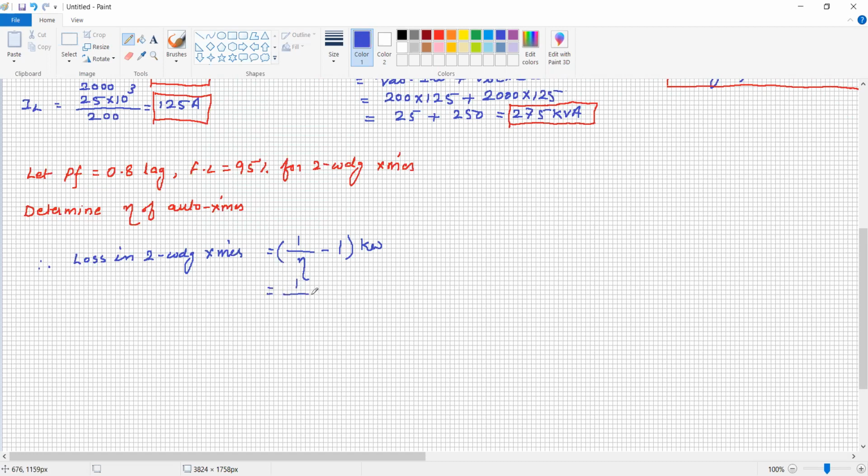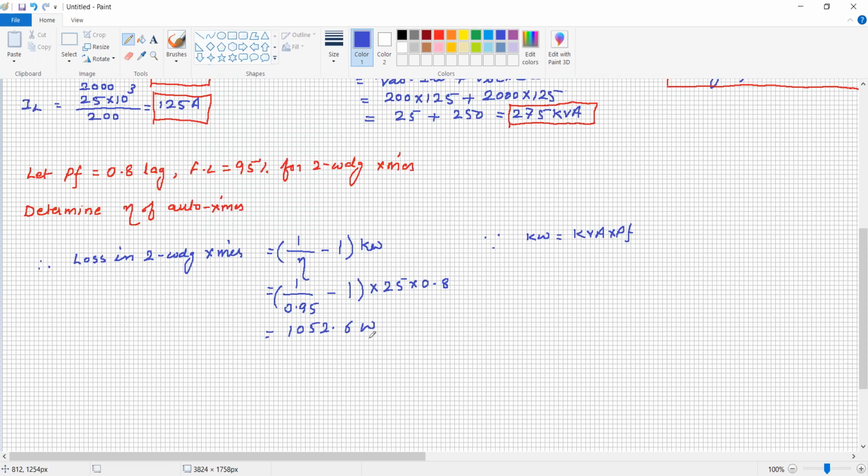So it is 1 upon 0.95 minus 1, multiplied by kVA, 25 multiplied by 0.8, since kilowatt is equal to kVA into power factor. Hence the power losses are equal to 1052.6, in watt, sorry, not kilowatt.